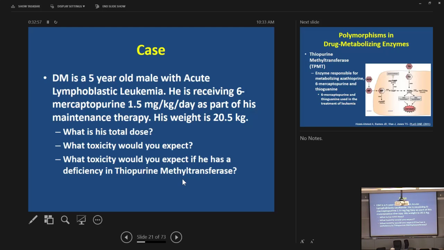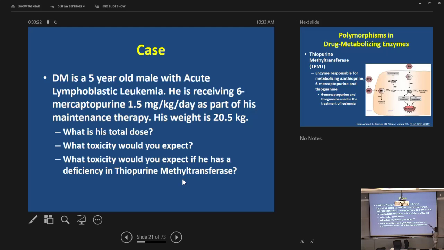But little kids can suck chemo up like nobody's business. So his weight is 20.5 kilograms. What would his total dose be? Some quick math in your head. 30, 31, 32-ish. All right, 32 milligrams per day.